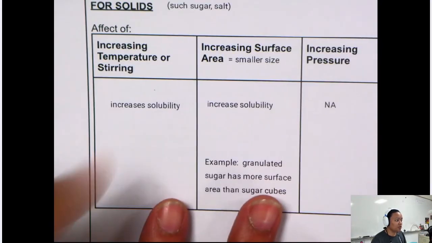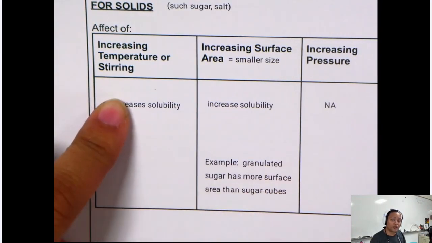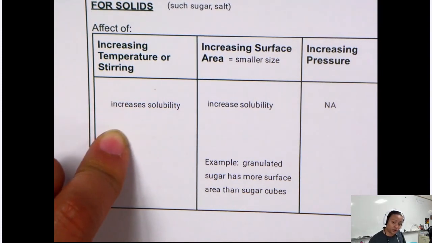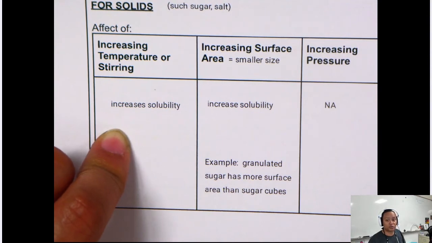All right, so for solids, increasing the temperature or stirring. So we know that if I stir something up, it's going to make it dissolve faster. If I increase the temperature, that will also help it to dissolve faster, but it will also increase the solubility of a substance. So that means you can actually dissolve more solute into the solvent.